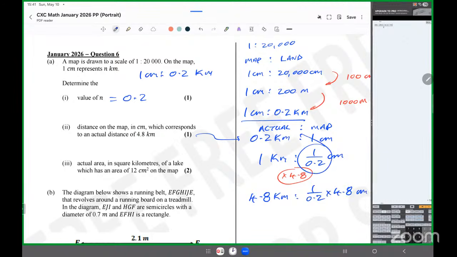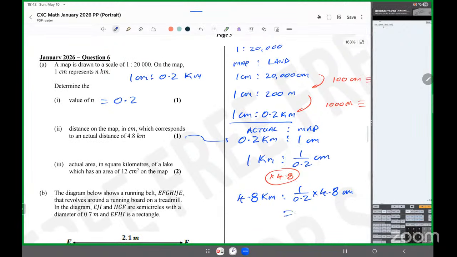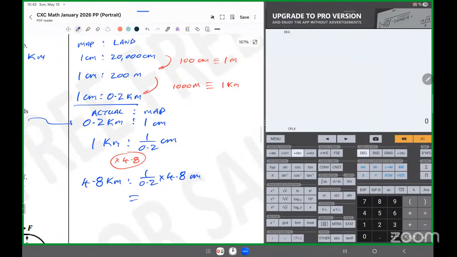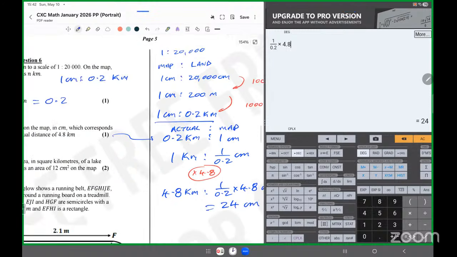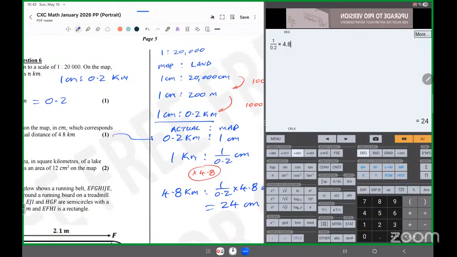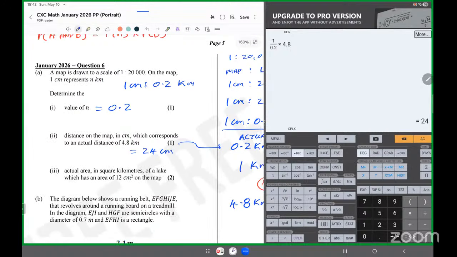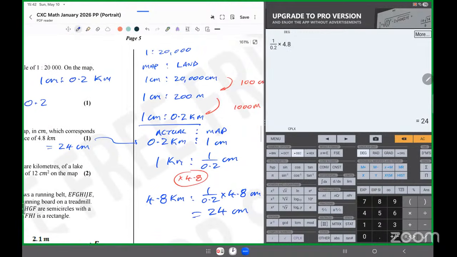When you do this calculation, 1 over 0.2 times 4.8 is 24 centimeters. So 4.8 kilometers is 24 centimeters. All right? So use the same scale to do the conversion.